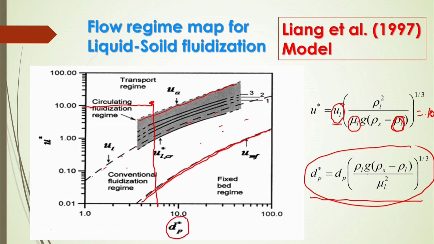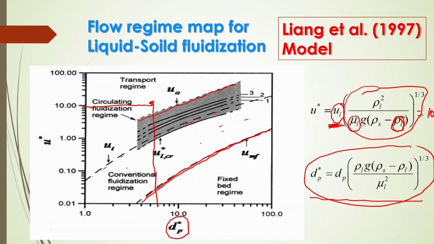Then from this, what should be the U L, just dividing, U star divided by this, that is 10 by this value, then you will get what should be the value of UL. Then you have to operate the fluidized bed with this liquid velocity, so that you can get this transport regime.